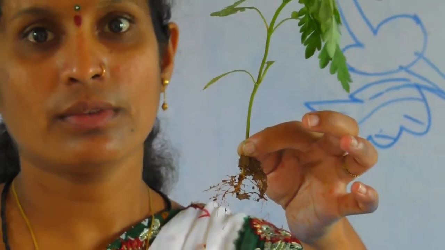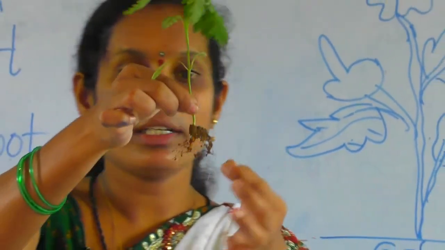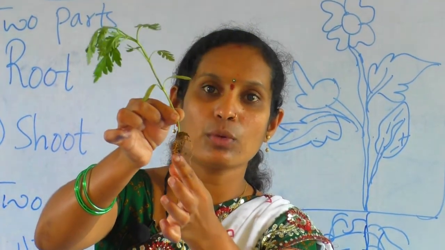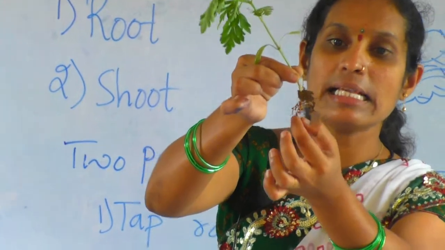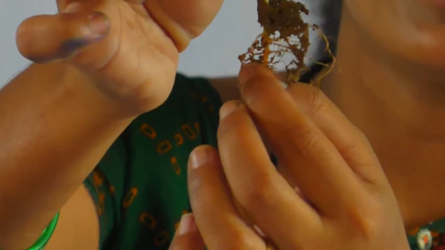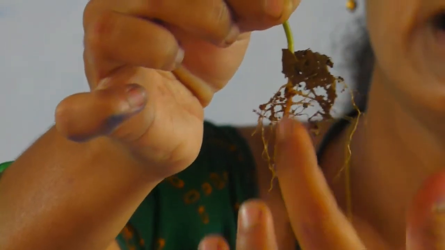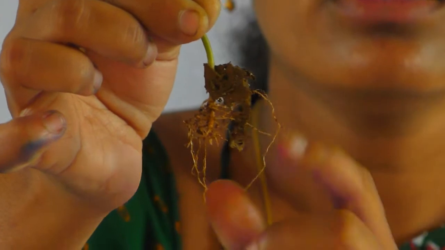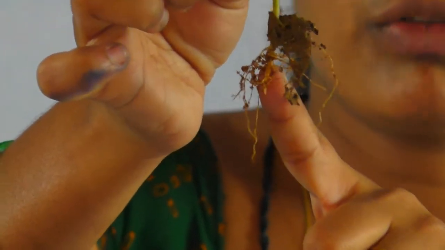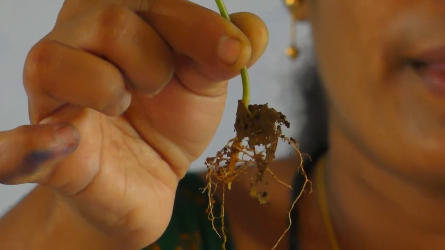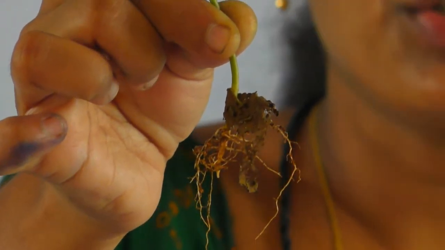Understood? And this root we call tap root. What do we call? Tap root. See here, it is only single, like a stem. This we call a single root, but tiny branches, small bunches are there. So we call it tap root. Understood?